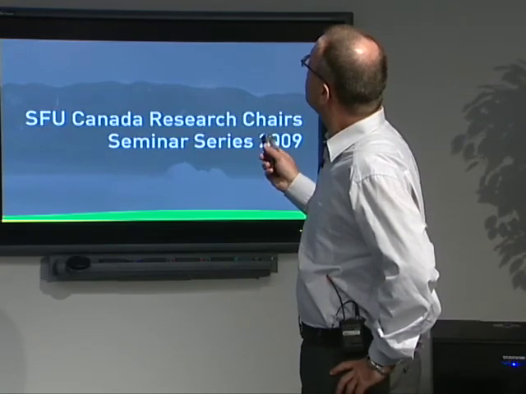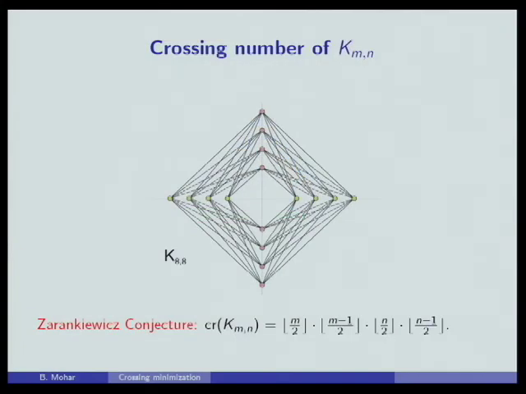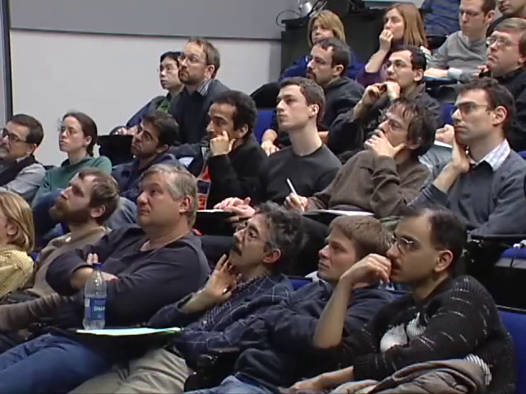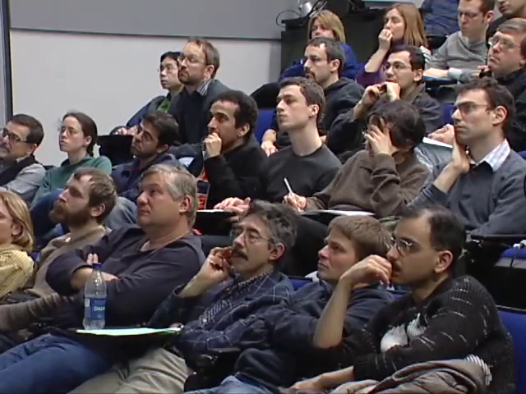For this general complete bipartite graph, K_{m,n}, there is actually a conjectured solution. Turán found the following possibility to draw this graph K_{m,n}. Actually, even Zarankiewicz did. You have m vertices on the left and n vertices on the right. And what you do, you put your left vertices on a vertical line, like these pink vertices here.